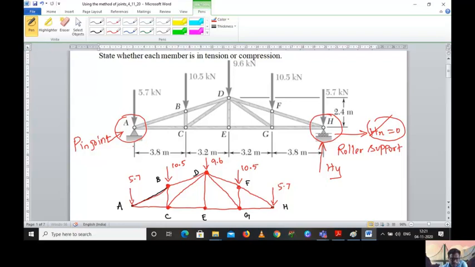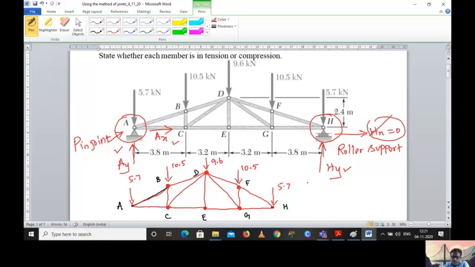But in the pin joint, you are having two reactions: one is a vertical reaction and another one, I am assuming this direction, is AX. Pin joint AY and AX. And in H, you are having only one vertical reaction, that is HY.